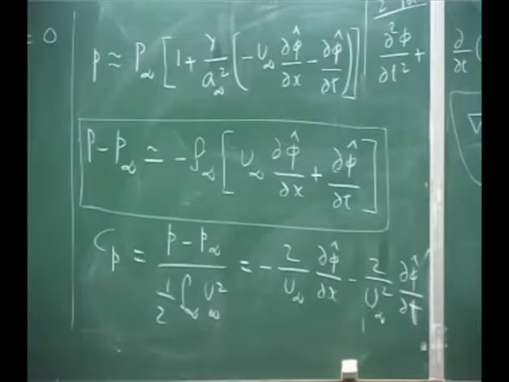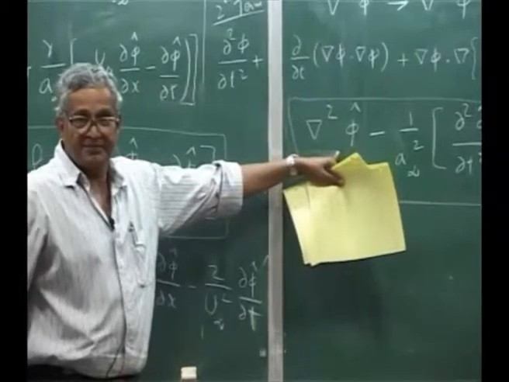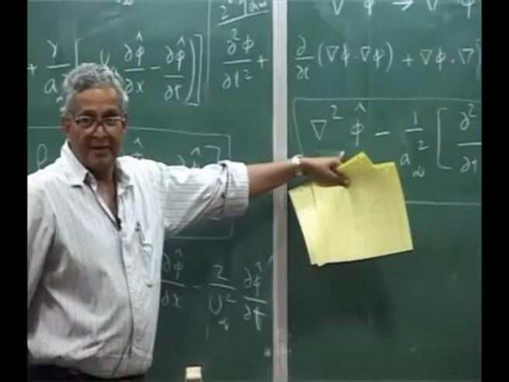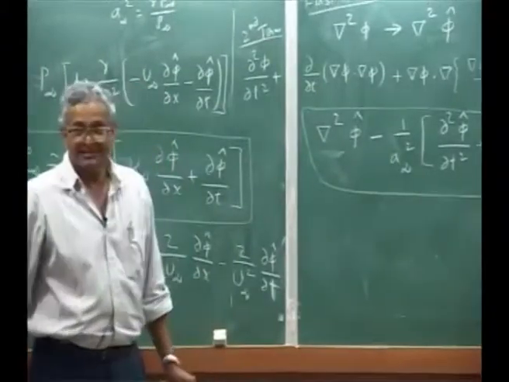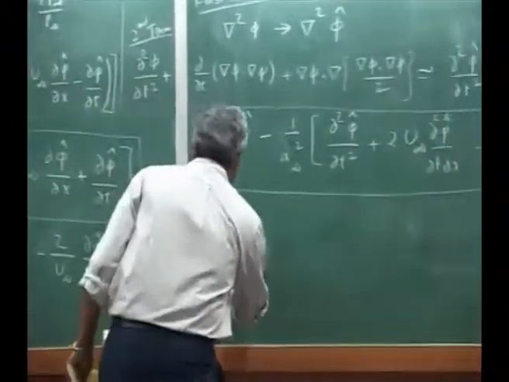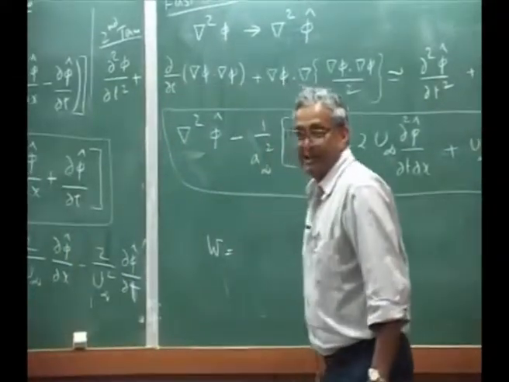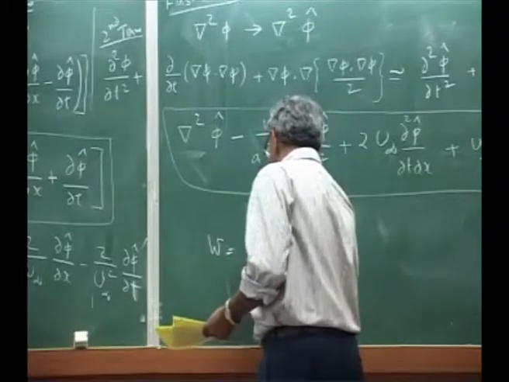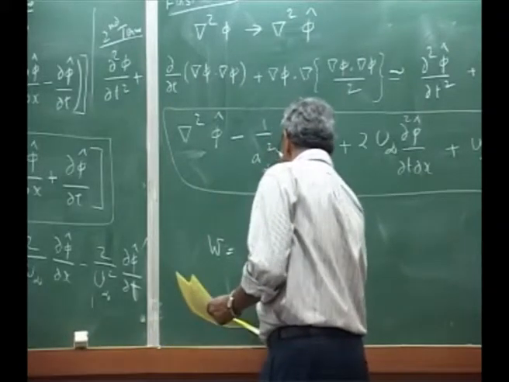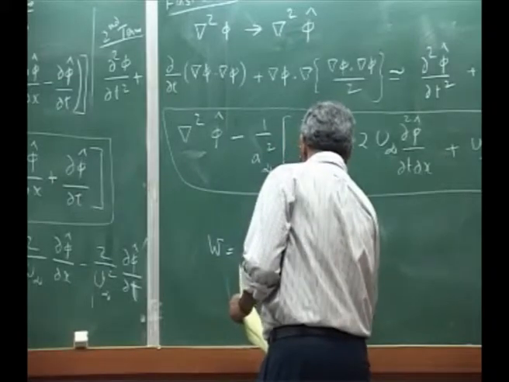Now you see, this is my equation and my boundary conditions are W is what? Delta F by delta T plus U infinity delta F over delta x.